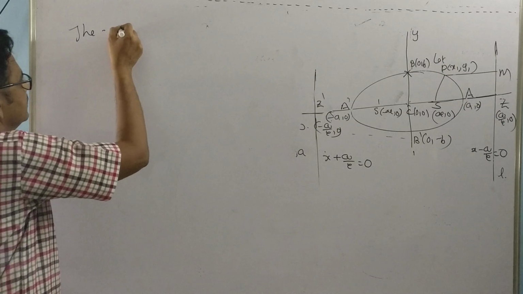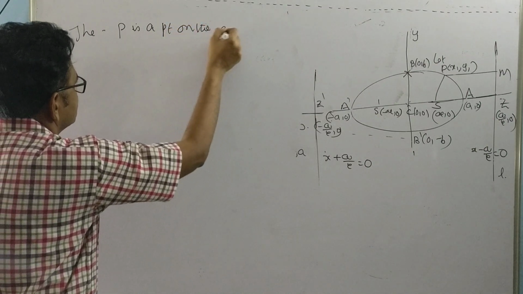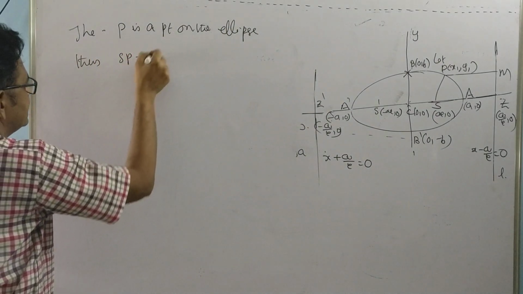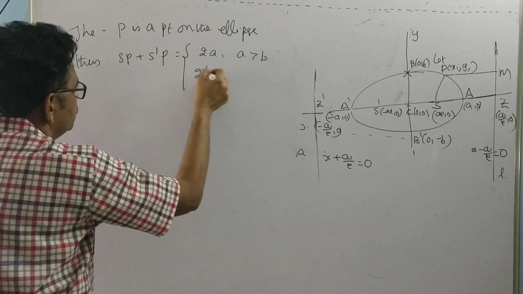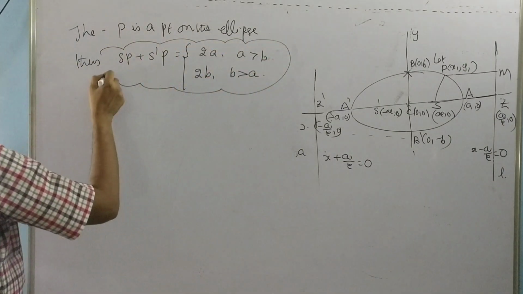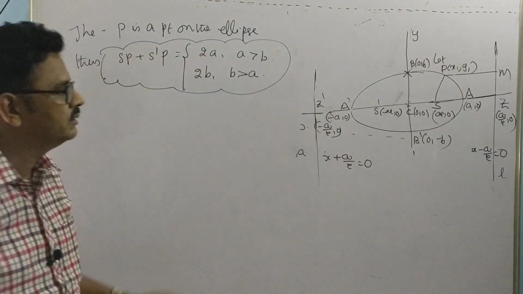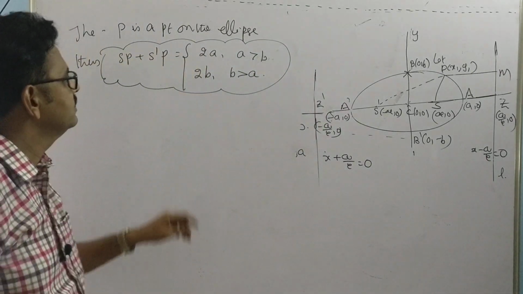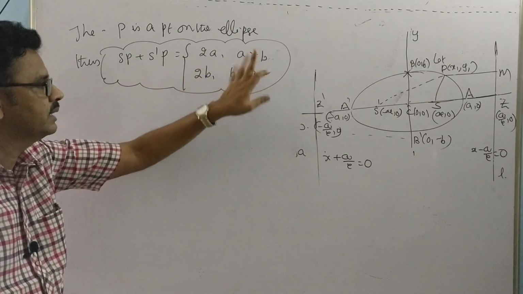If P is a point on the ellipse, then SP plus S dash P is equal to 2A where A is greater than B, and 2B if B is greater than A. That is, the sum of the focal distances of any point on the ellipse, SP plus S dash P, is equal to the length of the major axis.